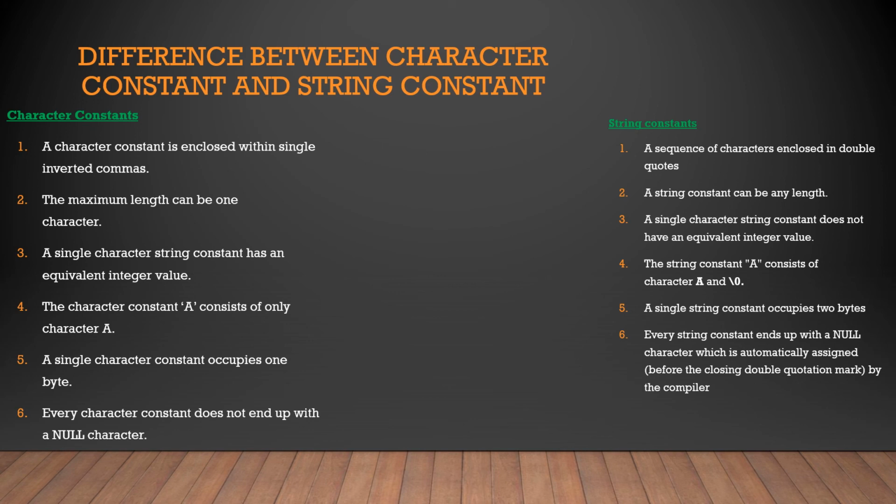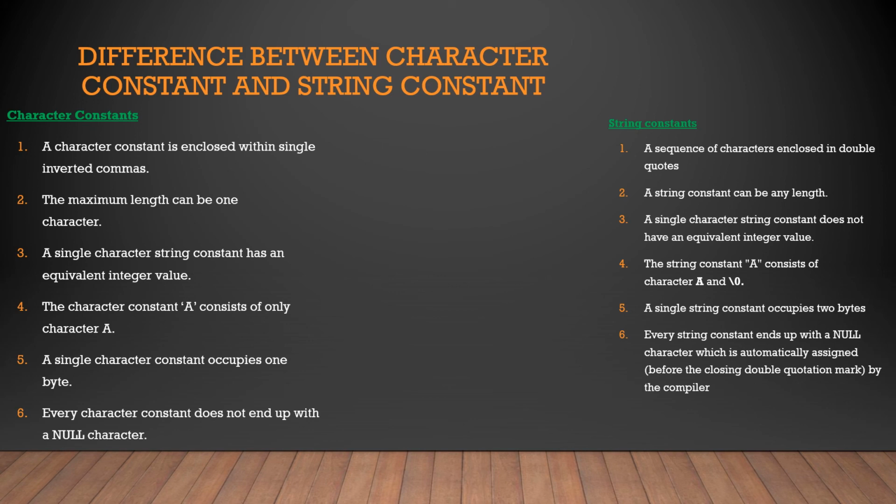A single character constant occupies 1 byte, whereas a single-character string constant occupies 2 bytes, because to store this null value \0 it takes 1 byte. And a character constant does not end with a null character.